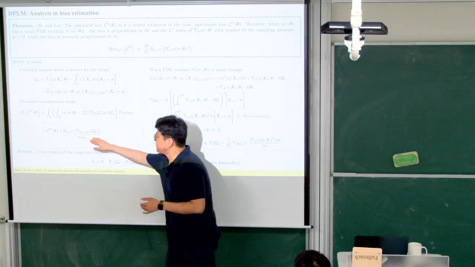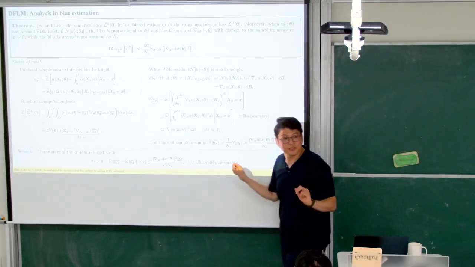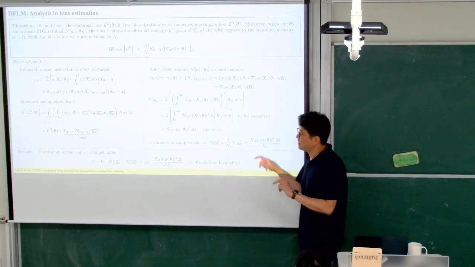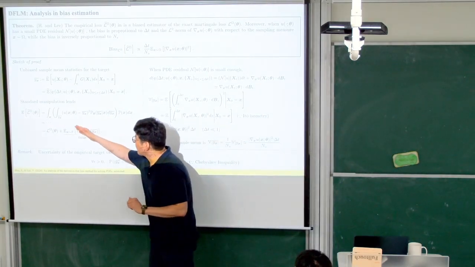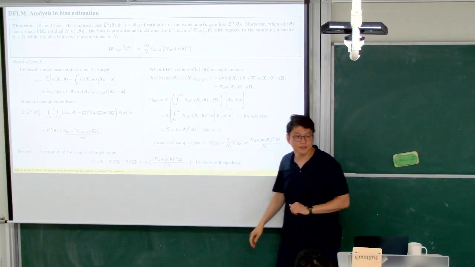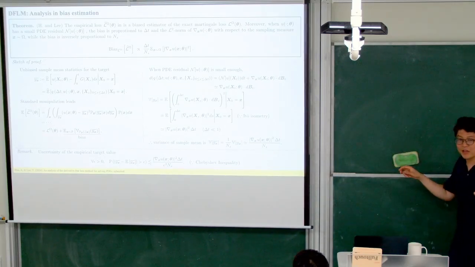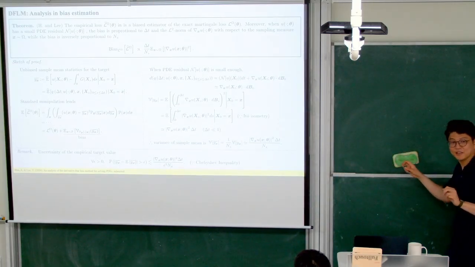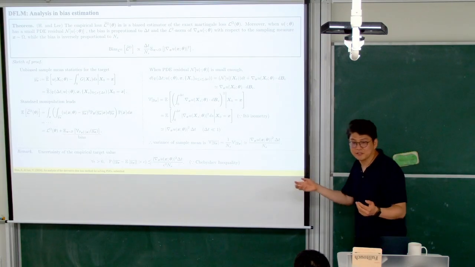Actually, this bias term acts as a regularization, and this regularization term depends on the size of the gradient. That means it regularizes the size of the gradient, which means the function is smooth.